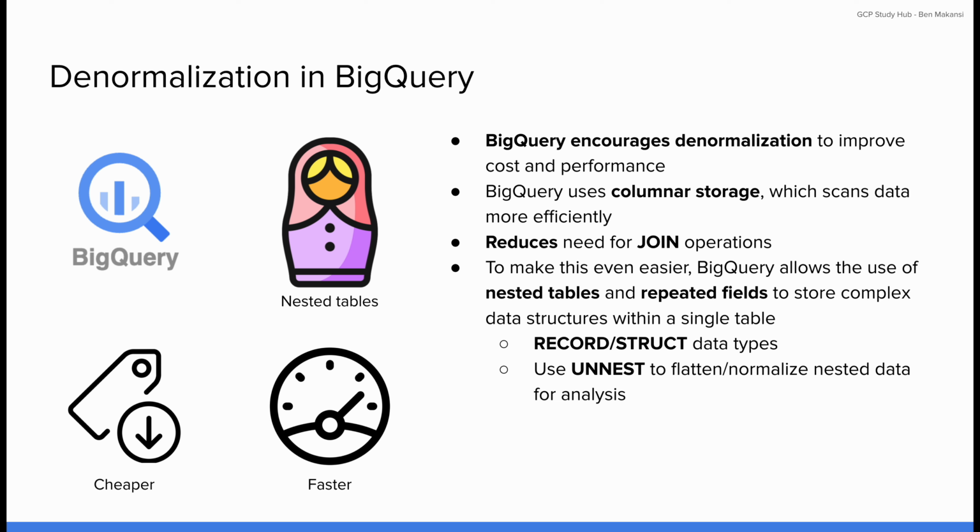So while BigQuery does support traditional join operations like usual, and you can normalize your data, it is more efficient to denormalize where possible to fully take advantage of the performance and cost benefits. The ability to take this approach is really one of the reasons why BigQuery is such a unique product in the market.